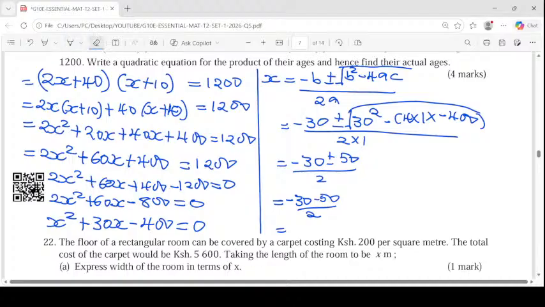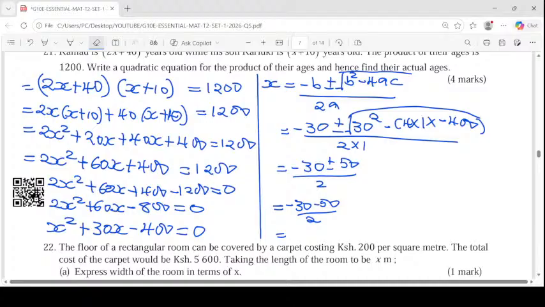Or, in the next case, negative 30 plus 50 divided by 2.